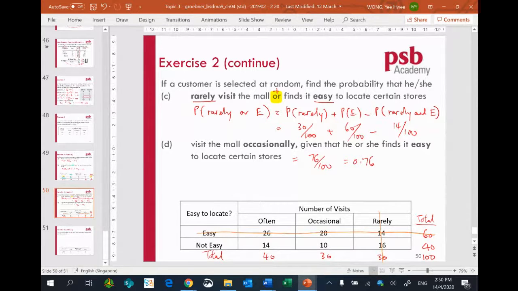So we're going to look at occasional. You're going to write down, you need to have occasional. You don't need to write the whole thing. Just write something representative. If easy. Right, so easy, the whole thing easy is only 60, so it's over 60. And how many is under occasional? It's 20. So it's 0.33, 1/3.